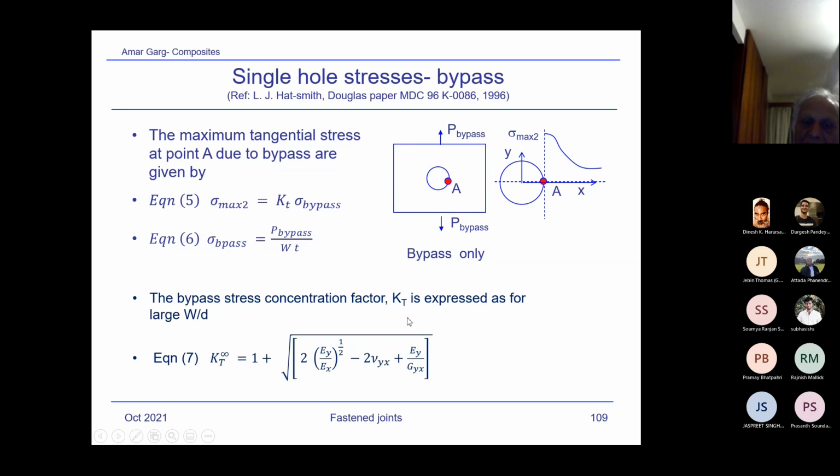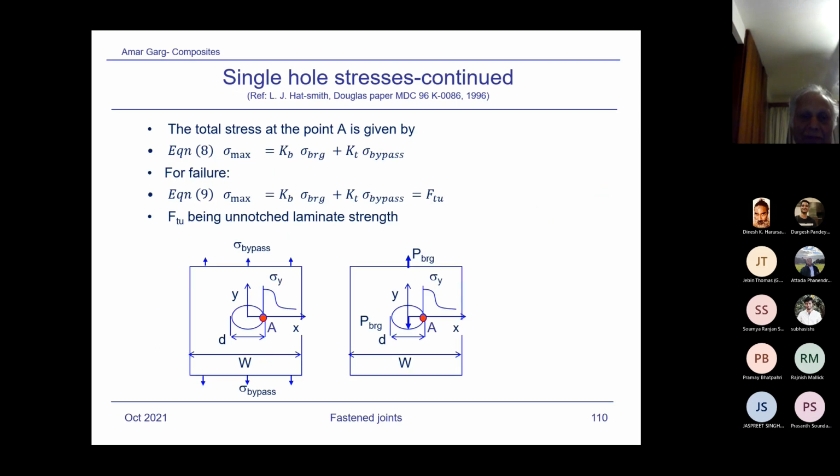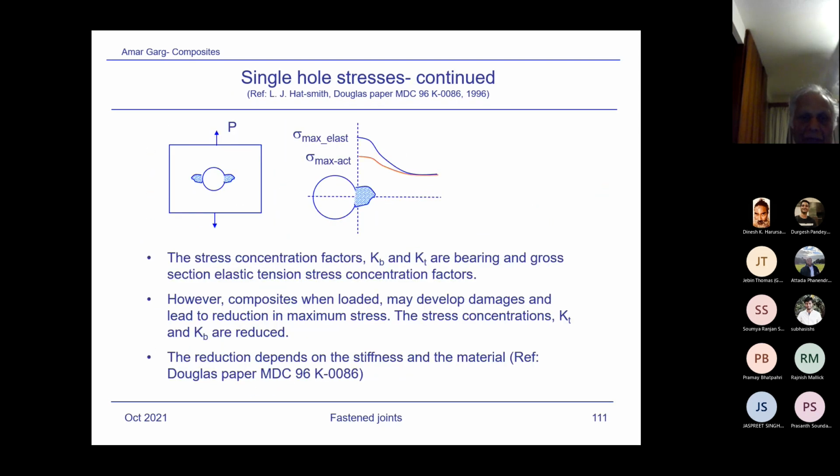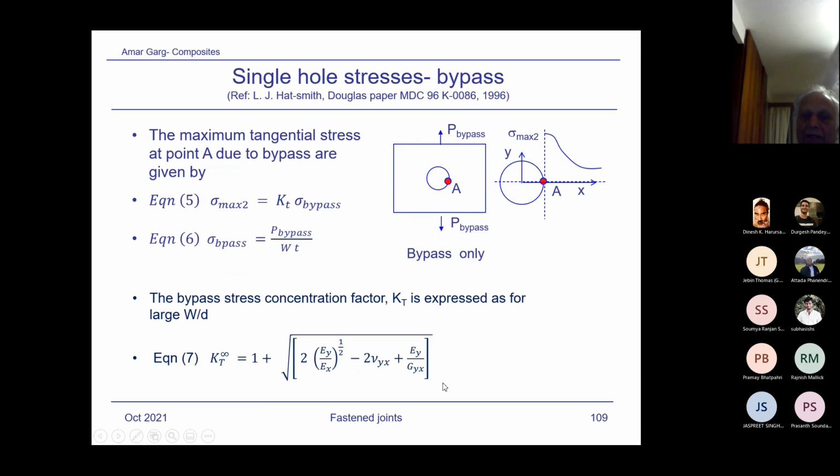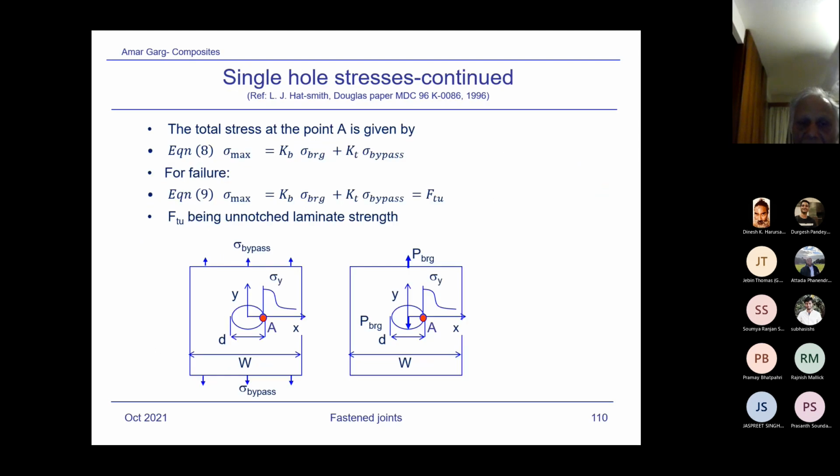The stress concentration factor KT is expressed like this for a large W by D. If a hole correction factor is to be applied, because the W by D effect will be there, which I didn't write over here, it is given in any book. Even Roark gives it. I forgot to write it. Anyway, this is for infinity.